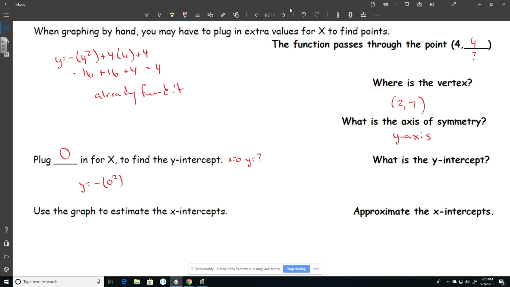Remember, I'm just plugging these into the function negative x squared plus 4x plus 3. So negative 0 squared plus 4 times 0 plus 3. Well, this is just 0. This multiplies to 0, so all I'm left with is 3. So my y-intercept is going to be x is 0, y is a positive 3.